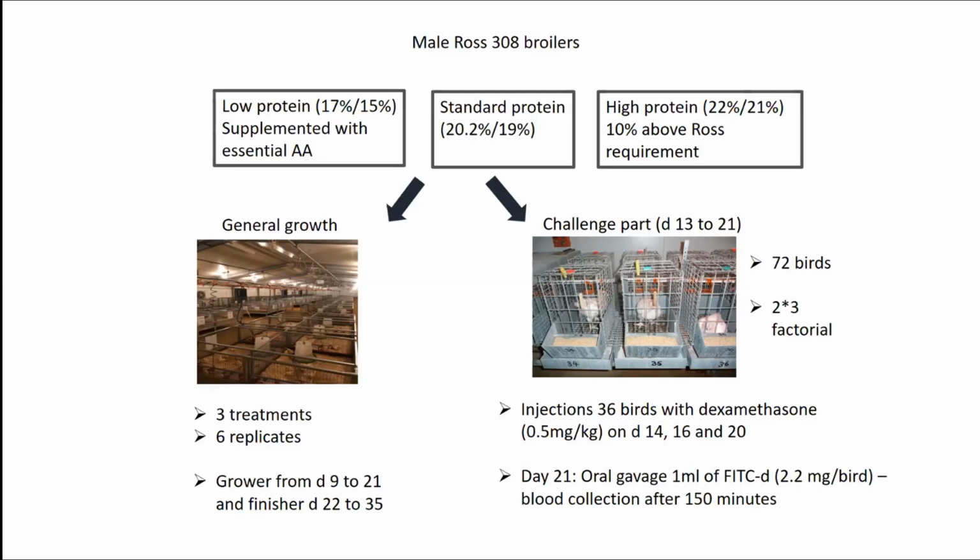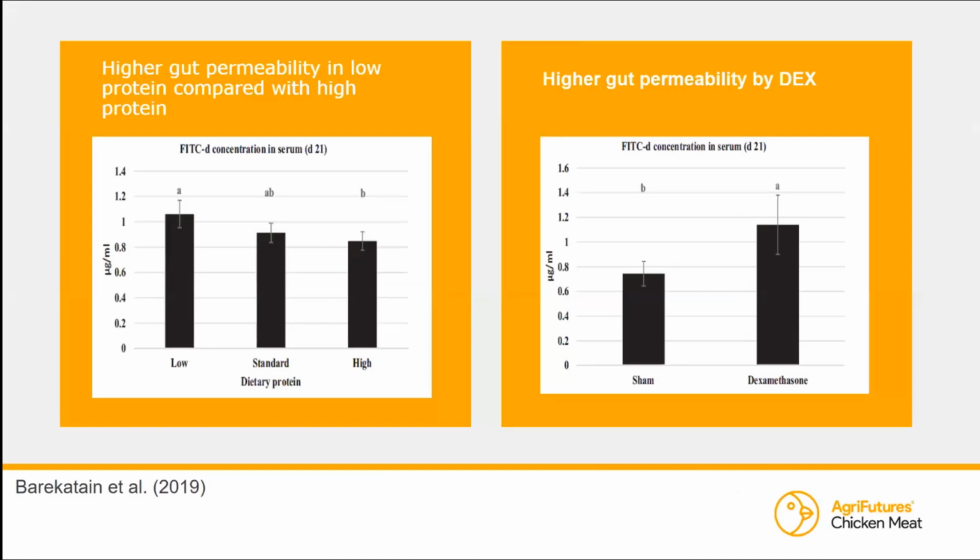We used a leaky gut model because we needed to create a situation where barrier function was compromised to see any effects of these amino acids. We used a widely used permeability method, FITC-D, fluorescein isothiocyanate dextran. We took blood and measured the FITC in those birds.